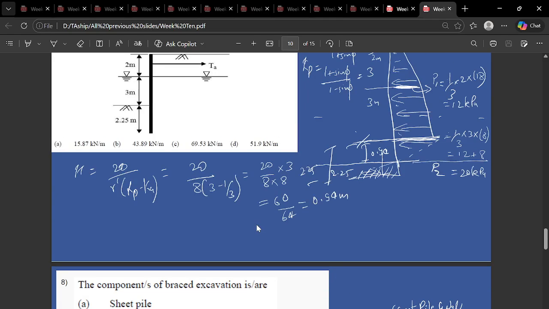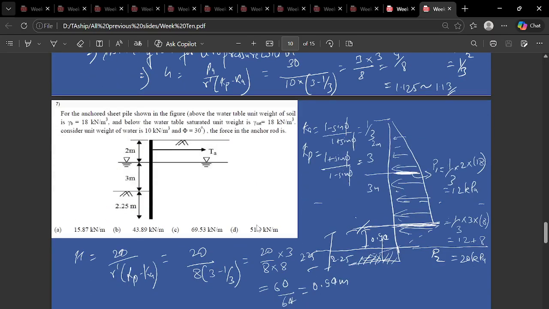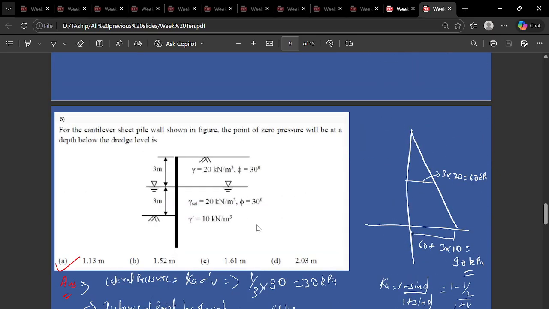Then you have struts available, which stop the wall from moving. So first let's focus on the point of zero pressure.